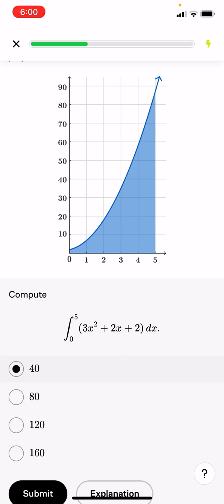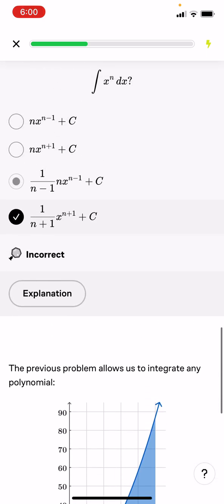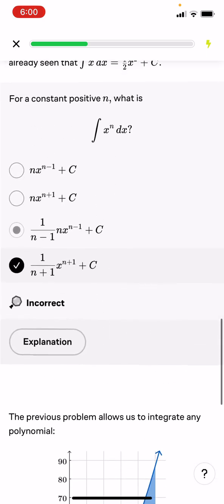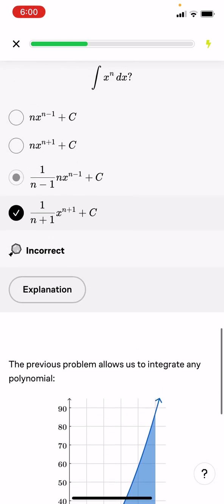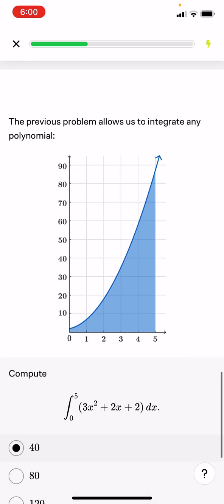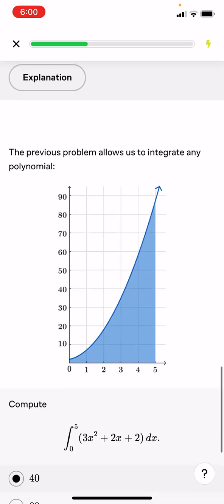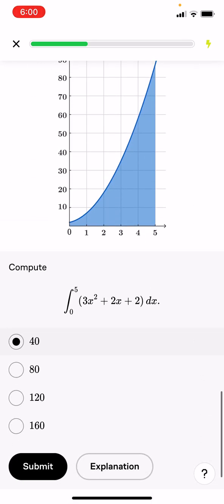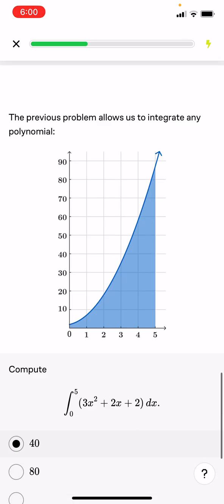It just seems like it would be 40. Would it be 40? Look at the last one. How does it relate to it? It doesn't really relate to it that much.